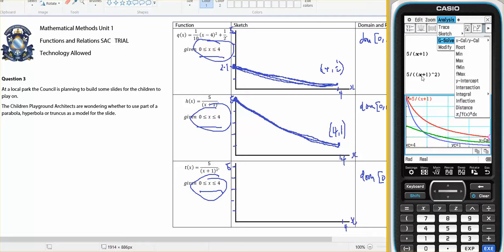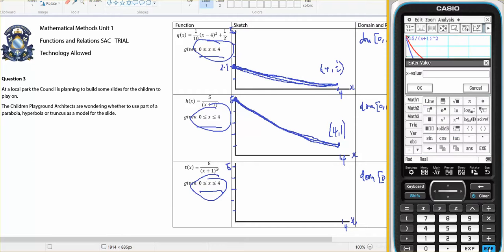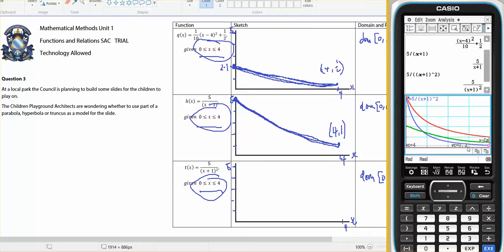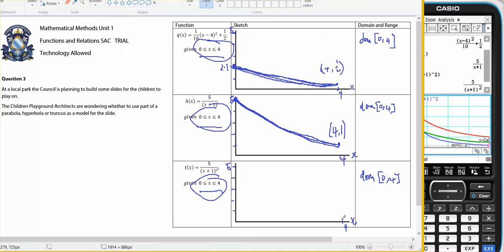So I'm going to do a y-calc when x equals 4 and go OK, and it's 0.2, so you can do 1/5. So 20 centimetres off the ground, which is nice, and that's at 5, but it comes down really steep, and then it finishes like that. I've done my graphs.